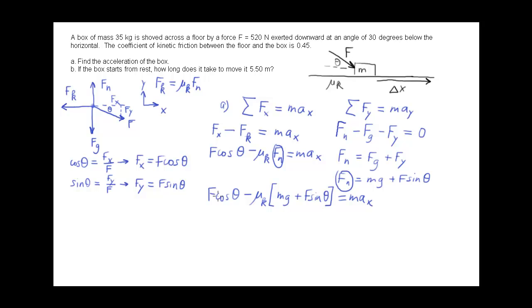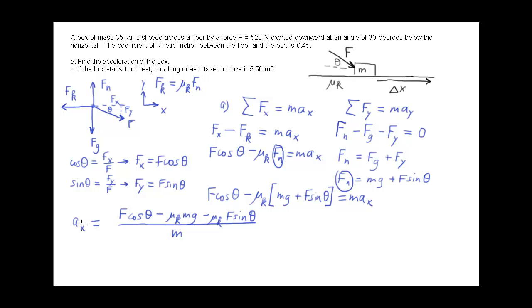So let's divide through by m, and if I do that and turn the equation around, we get a sub x is equal to, in the numerator, F cosine theta, and I'll distribute through the coefficient of friction, minus mu sub k mg minus mu sub k F sine theta, all divided by the mass.